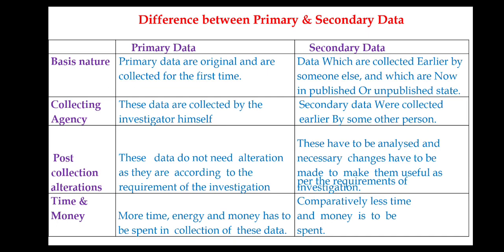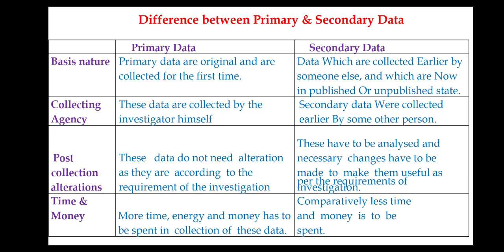Secondary data were collected earlier by some other person. Post collection alterations: primary data do not need any alteration as they are according to the requirement of the investigation. But secondary data have to be analyzed and necessary changes have to be made to make them useful as per the requirement of the investigation.